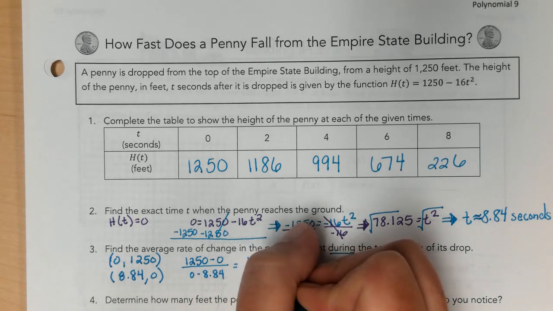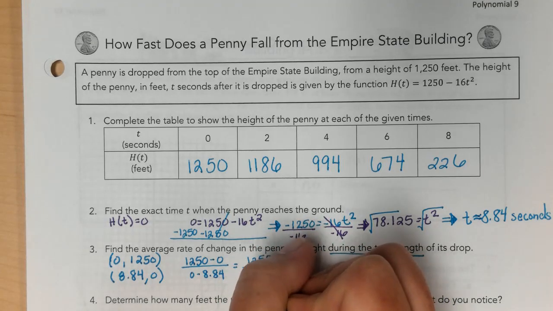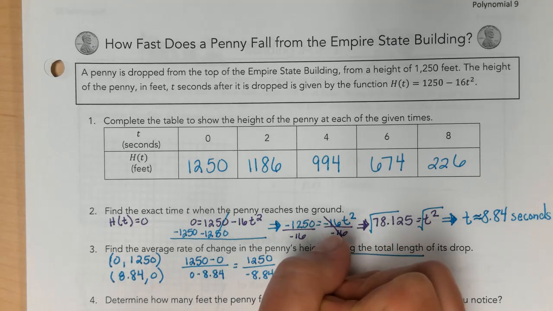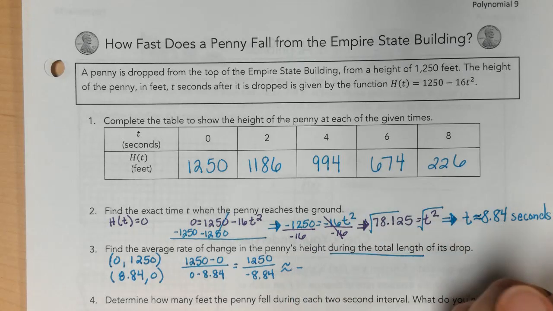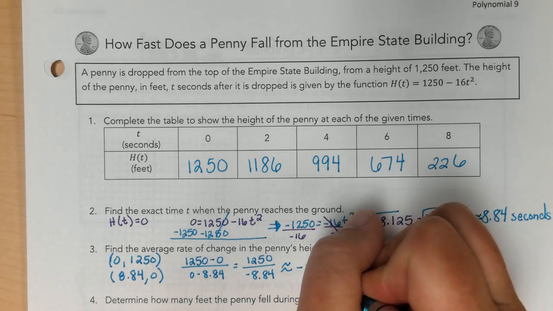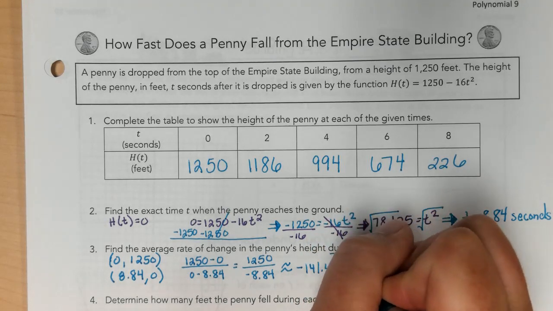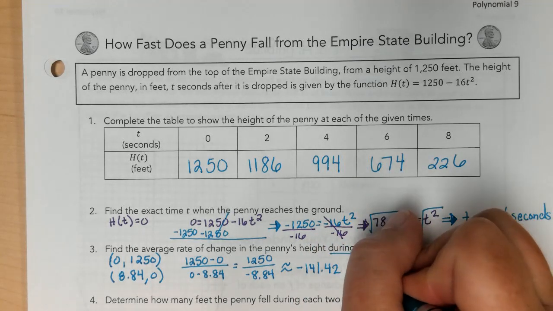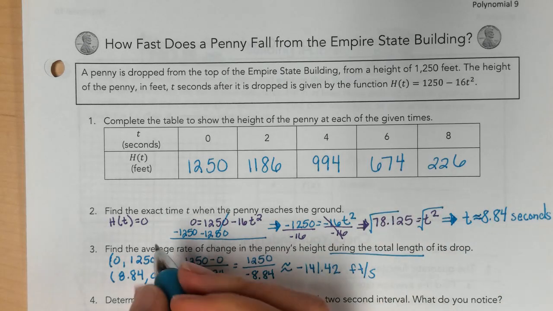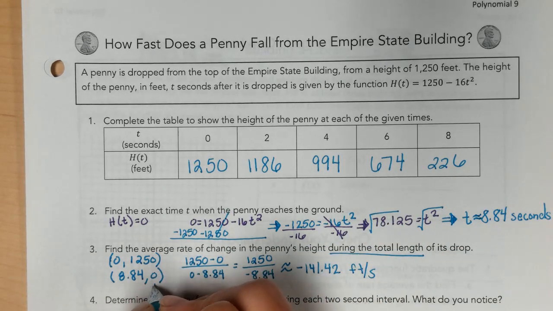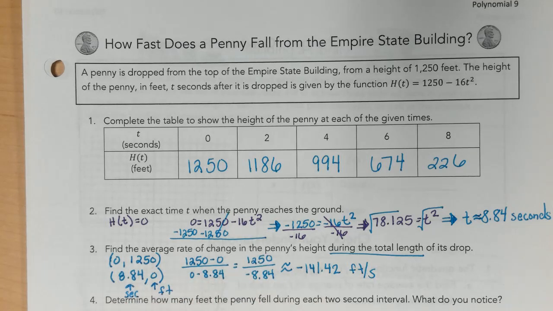I get 1250 divided by negative 8.84, which is approximately negative 141.42, and these units would be feet per second because your outputs here are feet and your inputs are seconds.